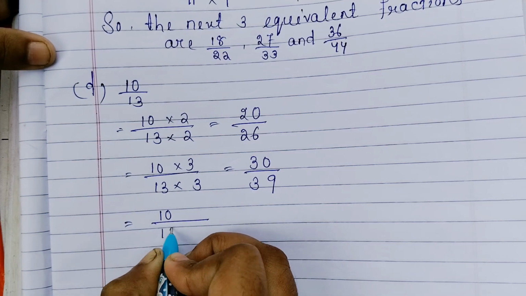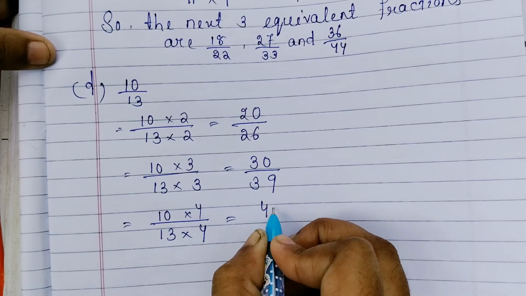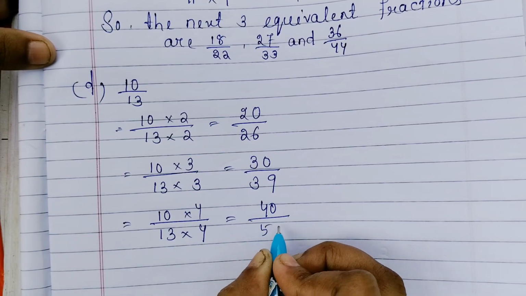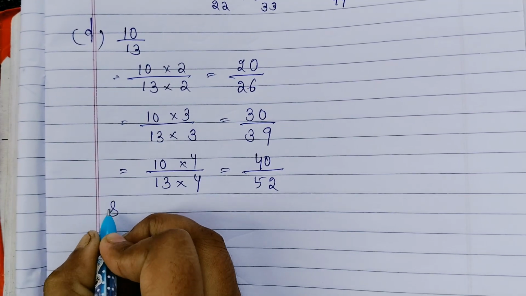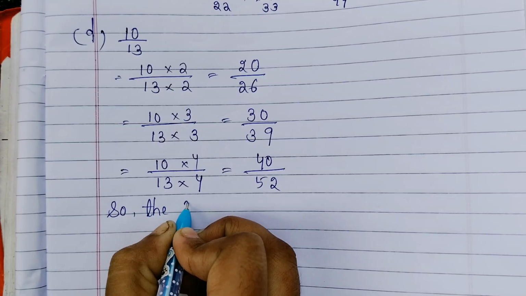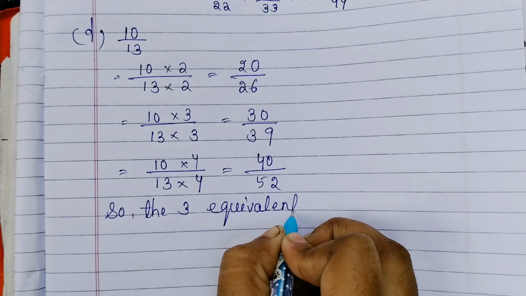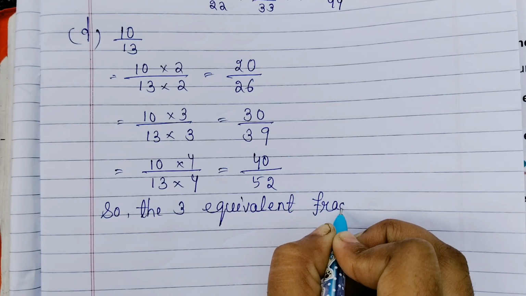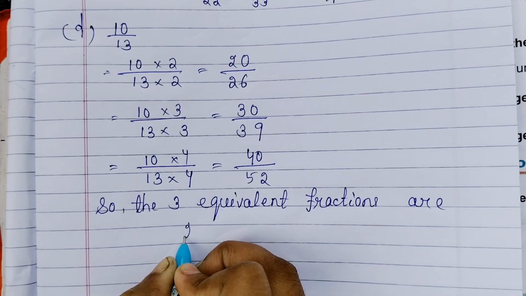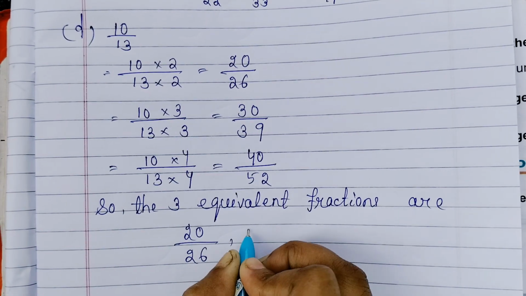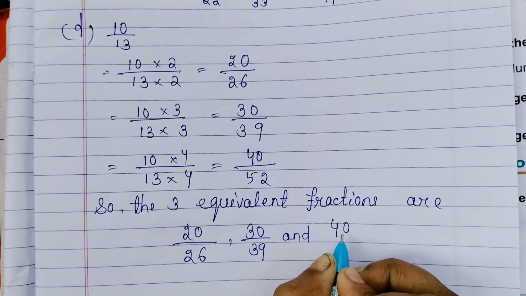Then 10 by 13 into 4. 10 times 4 is 40 by 13 times 4 is 52. So the next three equivalent functions are 20 by 26, 30 by 39 and 40 by 52.